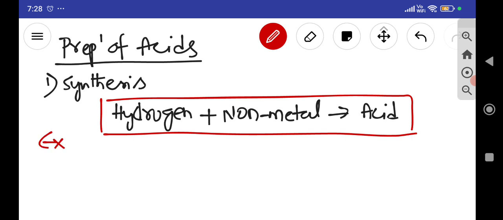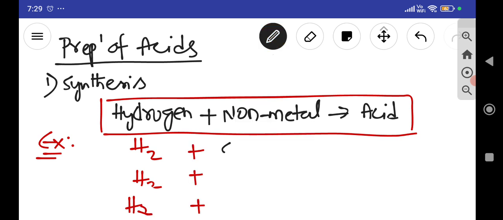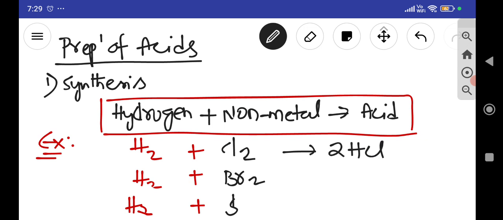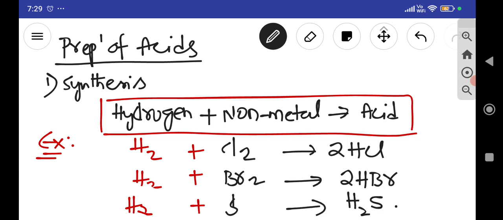So let us take an example. Hydrogen reacting with a non-metal. What are the non-metals? You can take chlorine, bromine, or sulfur. Now you get 2HCl, hydrochloric acid, here hydrobromic acid, and H2S, hydrogen sulfide. So this is the first method of preparation.